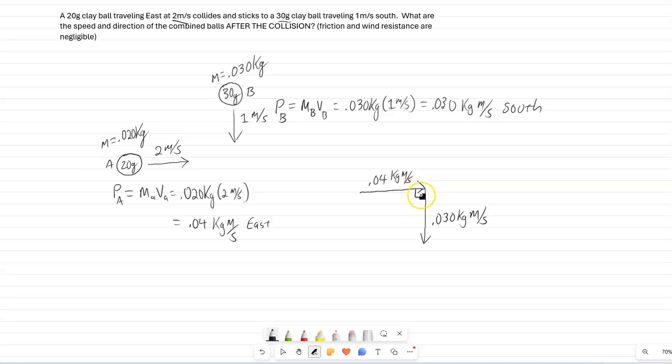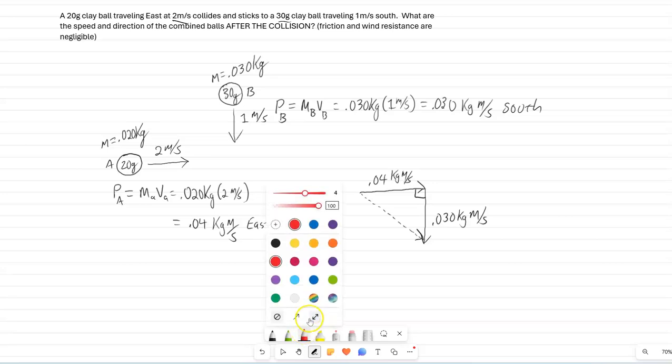This is going to be a right angle, and the hypotenuse here, I'll do that in red so we can see it a little bit better. This hypotenuse and the angle it subtends should give us the value for the final momentum, and from that we can find the velocity and the angle.